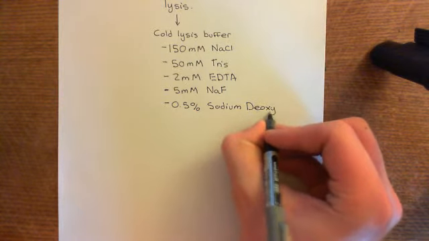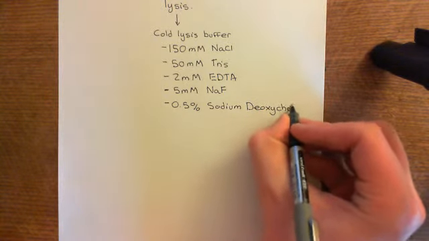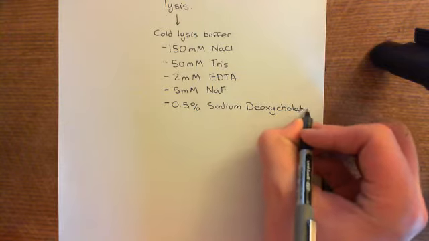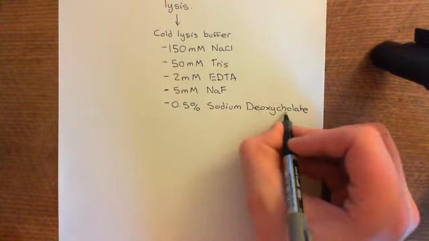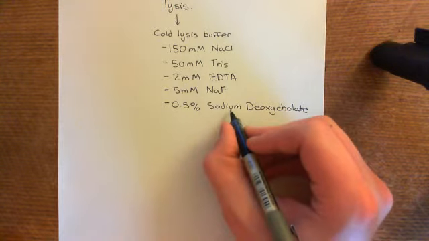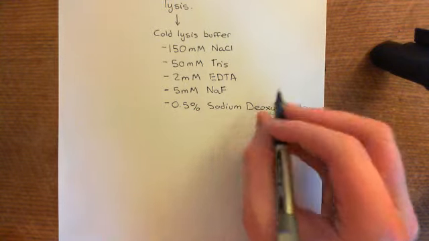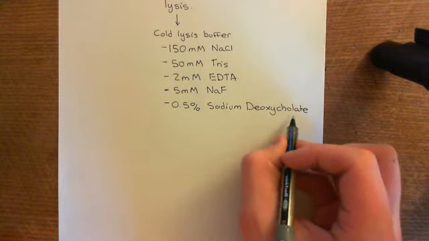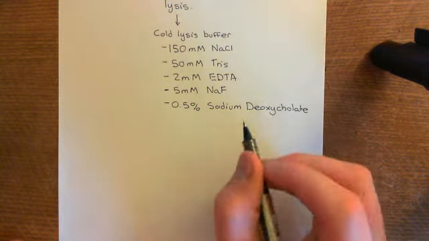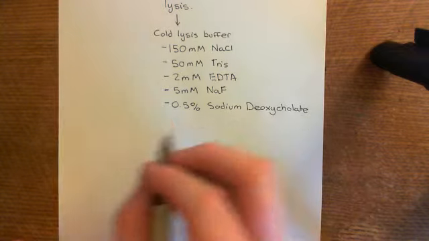Firstly, I need to explain what cholic acid is. I then need to explain what deoxycholic acid is, and then sodium deoxycholate will be sodium bound to the deoxycholate anion, basically. Okay, so let's start with what cholic acid is.